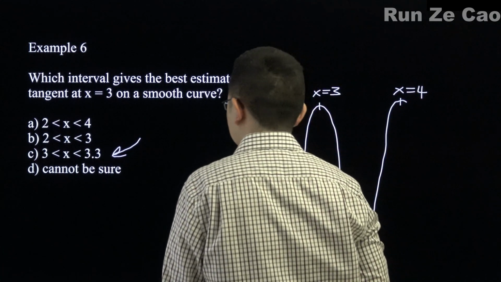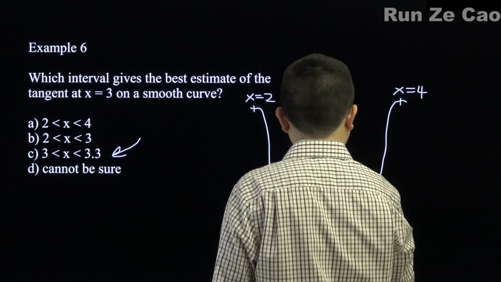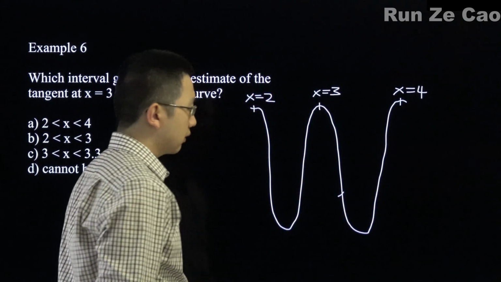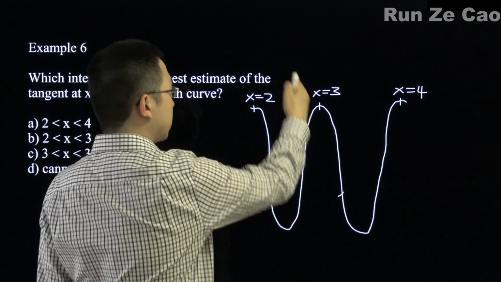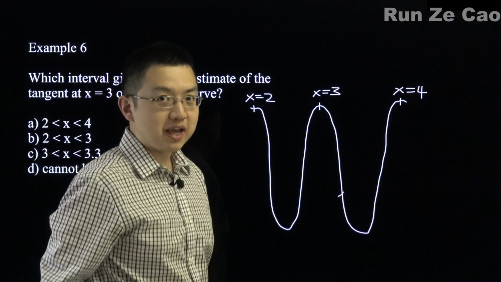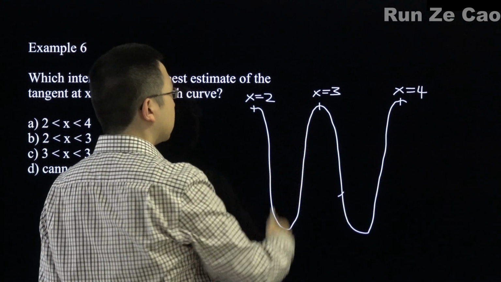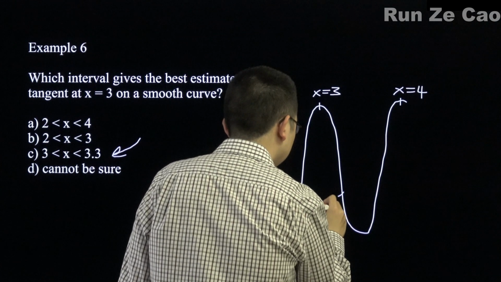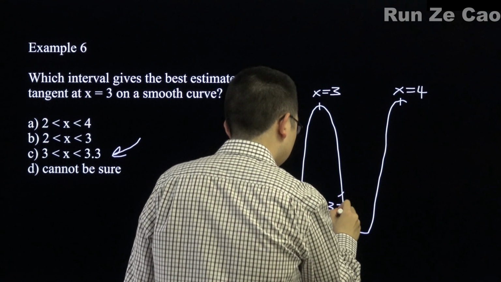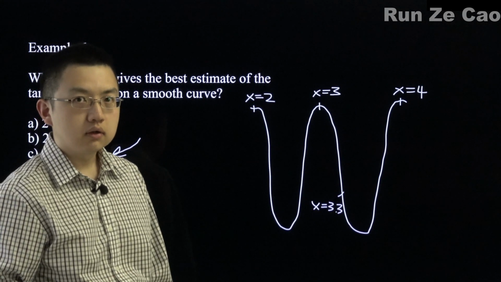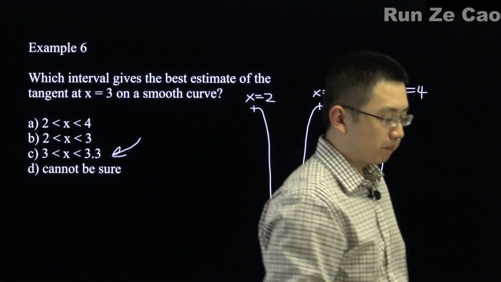And then x at 3.3 is somewhere around here. Yes, this is going to be an absolutely amazing estimate of what the slope is at x equals 3, right? Obviously not.